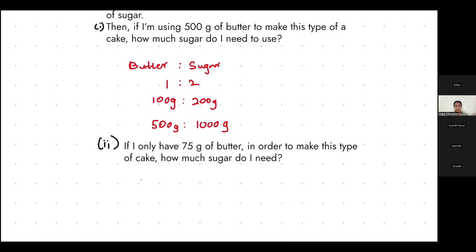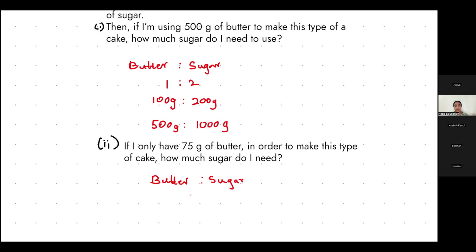Okay, I'm getting answers in the chat box. Good. So same thing, the butter to sugar ratio is 1:2, right? Because for 100 grams of butter we need 200 grams of sugar, it's 1:2.